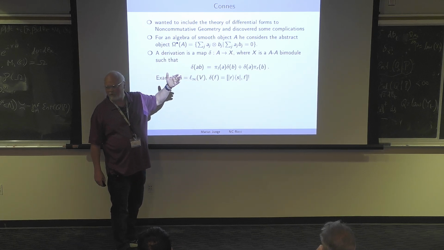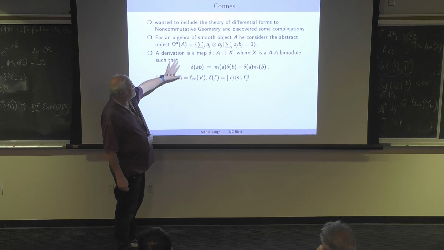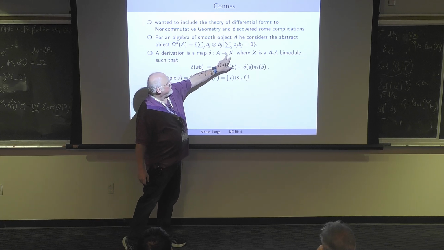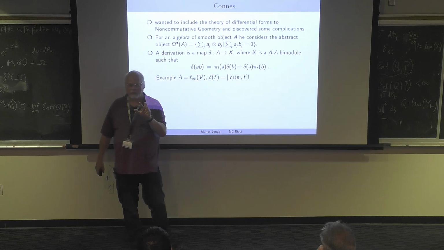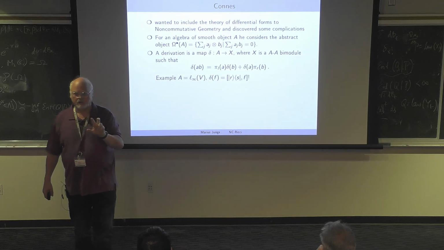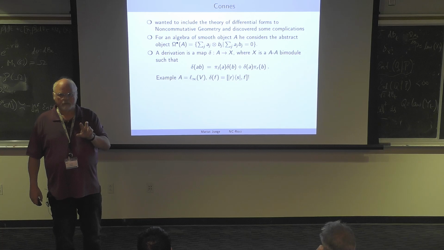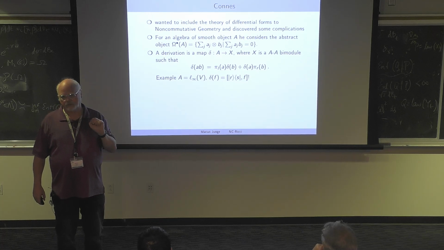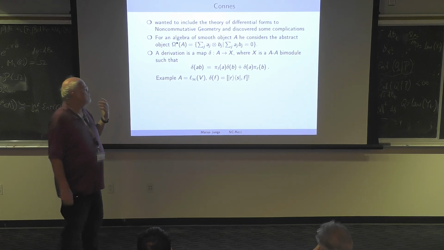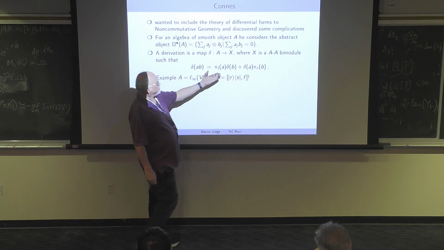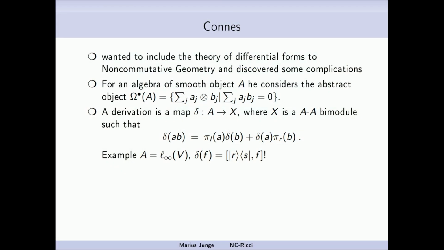I think you cannot do otherwise. So for a derivation into a bimodule, you have a left multiplication and a right multiplication, and one of the important observations is they don't have to be the same. You can define the Leibniz property by using the left multiplication here and the right multiplication there, and call it a derivation. It is a derivation, and these are the derivations which we are going to use.